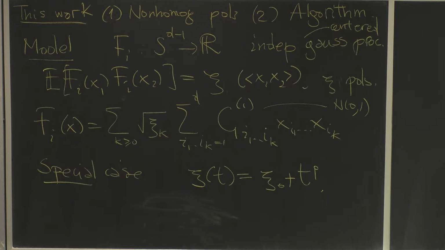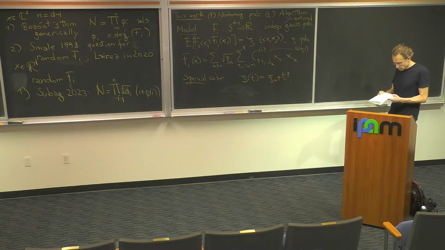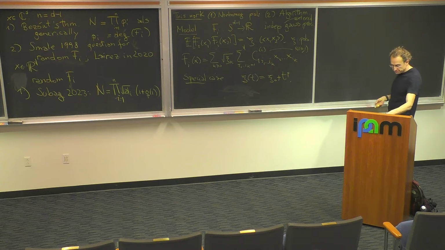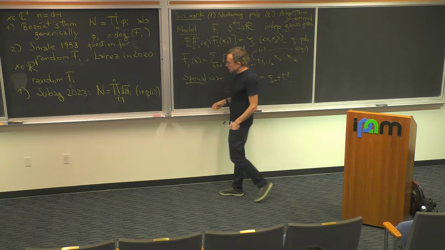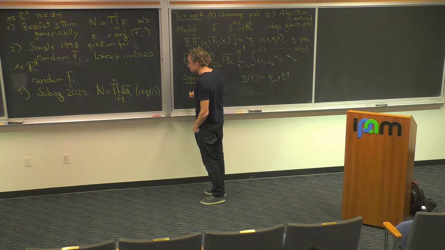So it's a constant plus a homogeneous polynomial. The constant is because I don't want 0 to be a solution. I want to make my life a little bit more difficult. Now, I should mention that this model was studied for a completely independent reason very recently in physics.